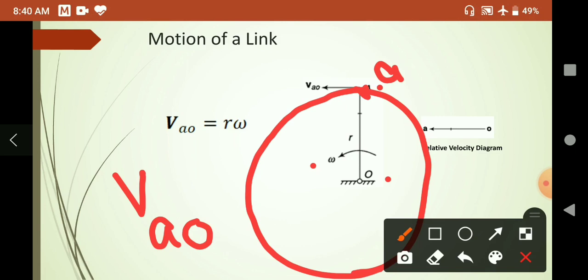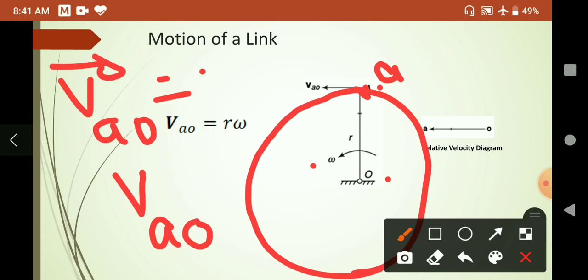We can write the velocity vector of A relative to O as V into ET, right? That is what we have learned, where ET is the unit vector indicating the tangential direction. This will be the tangential direction of velocity at that instant, right?